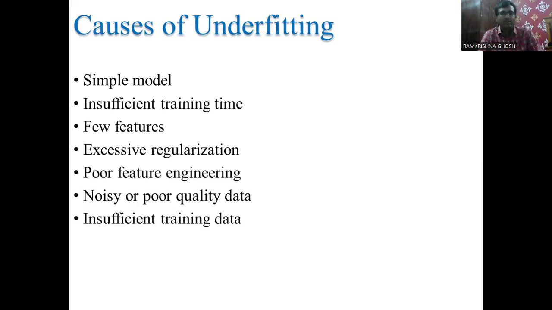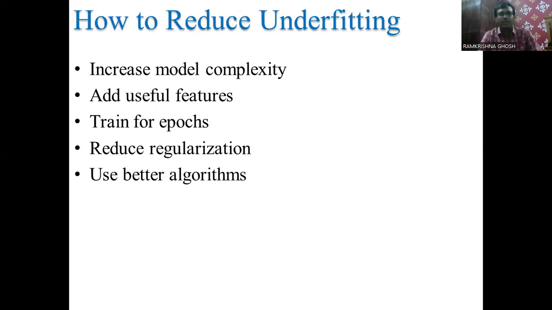Feature engineering is the process of extracting, transforming, and selecting important features from the raw data to improve the performance of the machine learning algorithms. Poor feature engineering is a cause of underfitting. Noisy or poor quality data. Insufficient training data.